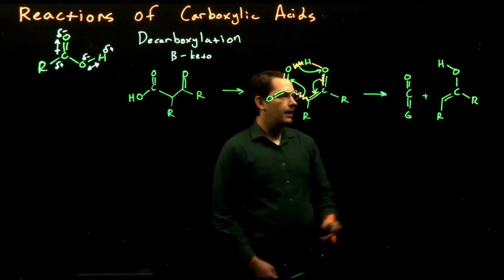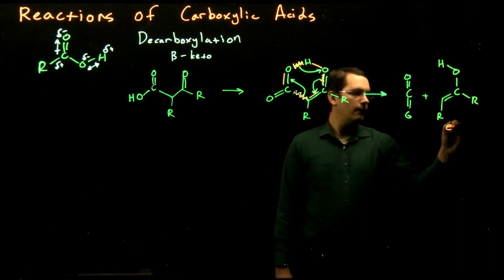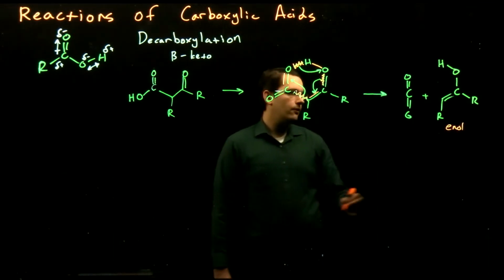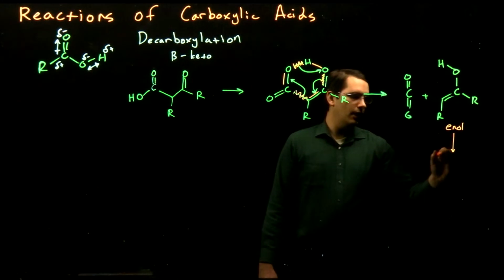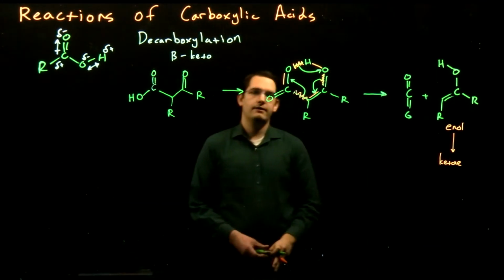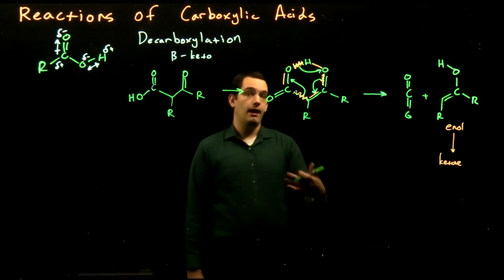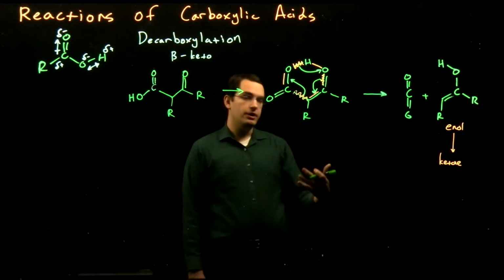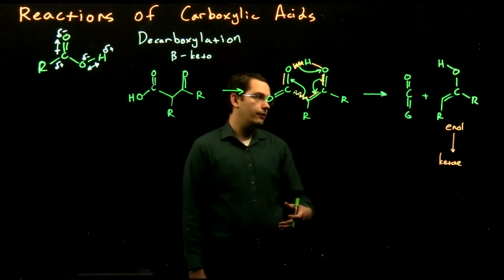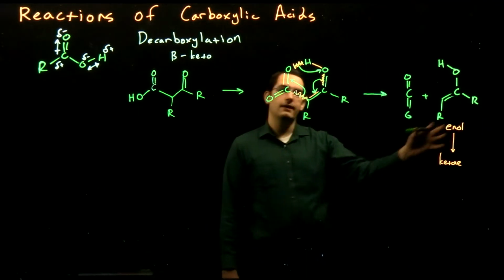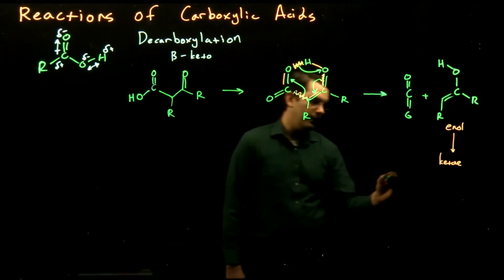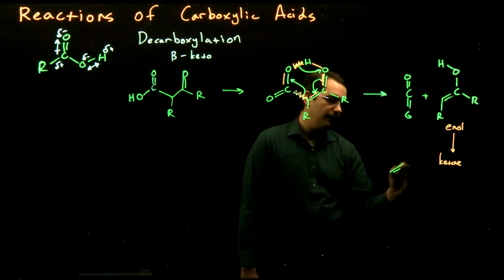On the other side we end up with this enol. Our enol, of course, will rearrange to the ketone, following the same mechanism that we looked at with our hydration of alkynes. Right? Hydration of alkynes initially leads to the enol, and then the enol rearranges to the ketone.